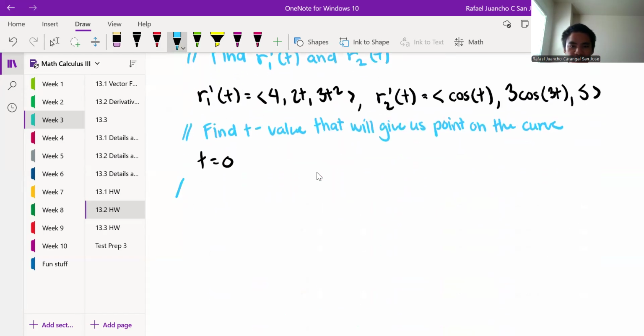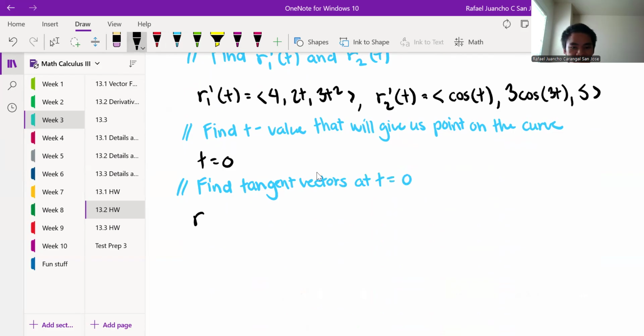So here we want to find r1 prime of 0 and r2 prime of 0, because we want to find the tangent vectors exactly at t equals 0.